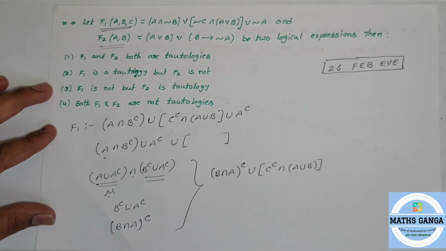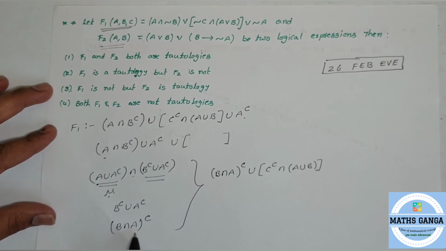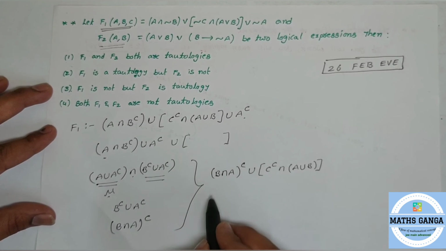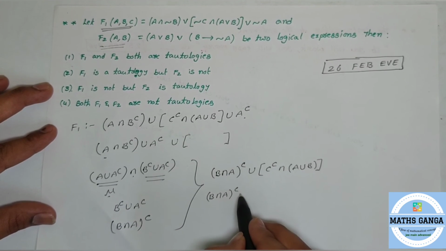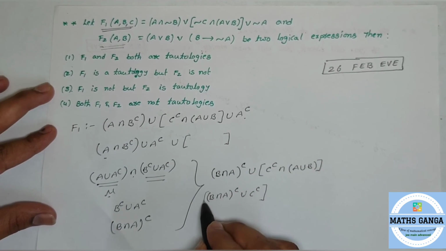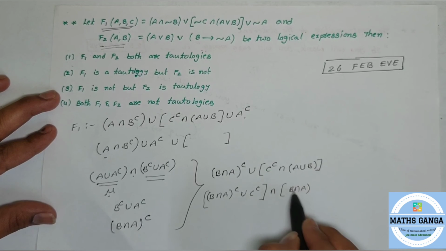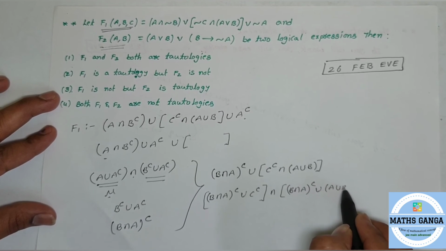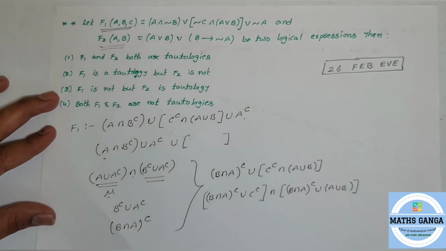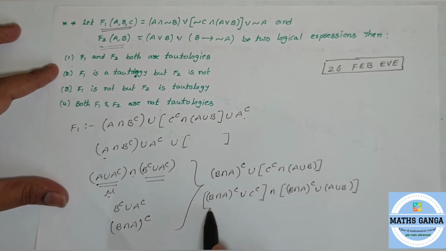You just have a look. Then we simplify by combining the first two: we have B intersection A whole complement, and now B intersection A complement union C complement, intersection B intersection A complement, union A union B. Here, if you look, we have no chance for further simplification.